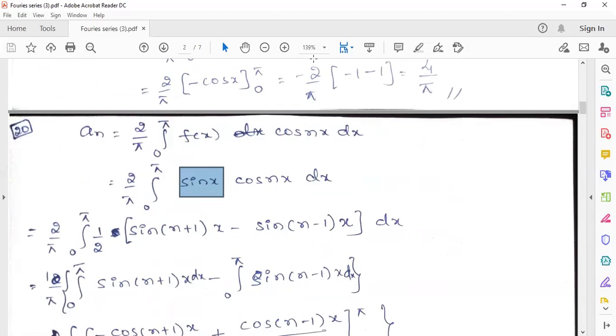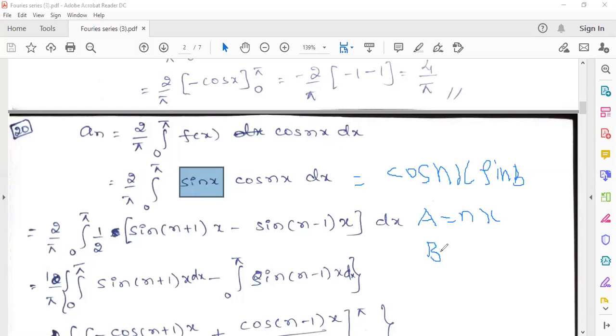Just for the sake of simplifying, I will take this as cos nx into sin x. If it is cos a sin b, we can apply sin of a plus b minus sin of a minus b. I make a value as nx and b value as x.